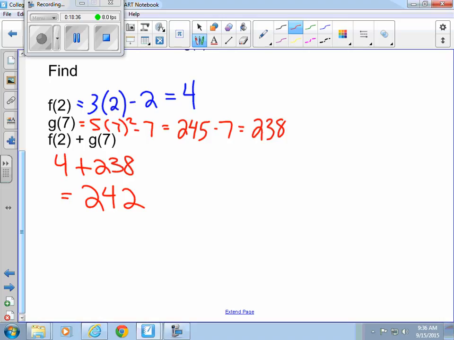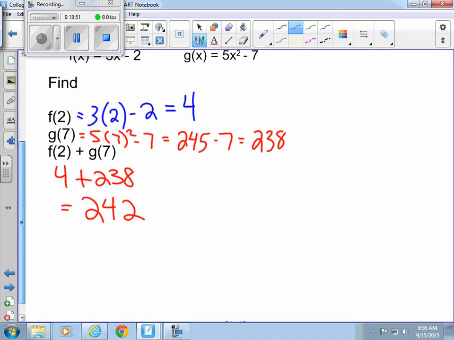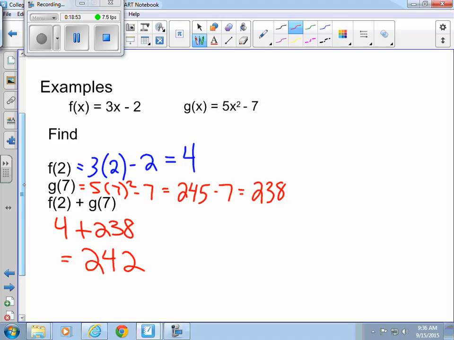Any questions on that? Where'd you get the 2? The f of 2? Yeah, the first one up here. Right, it's the 3 times 2 minus 2. I'm just going to put that 2 right here. Oh, okay.